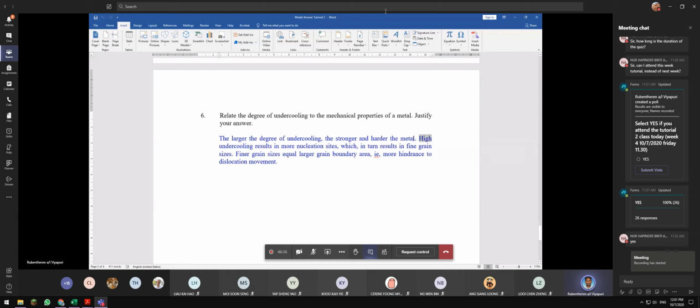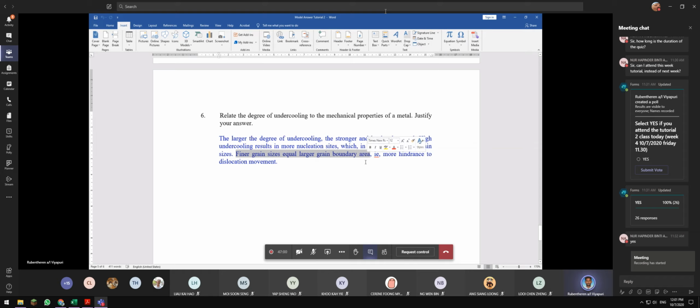So high undercooling results in more nucleation sites. More nucleation sites result in fine grain sizes, lots of smaller grains. Therefore, you have lots of grain boundaries. Finer grain equals large grain boundary area.